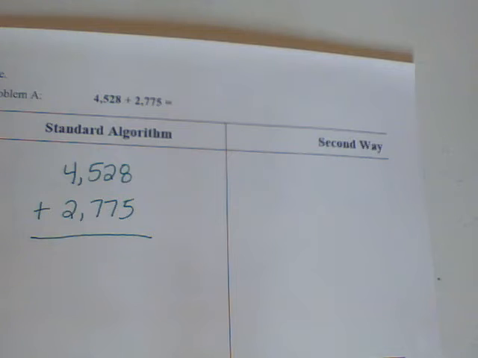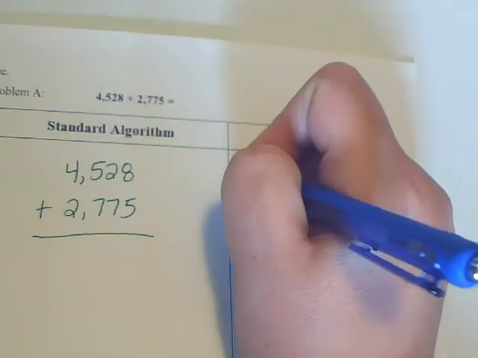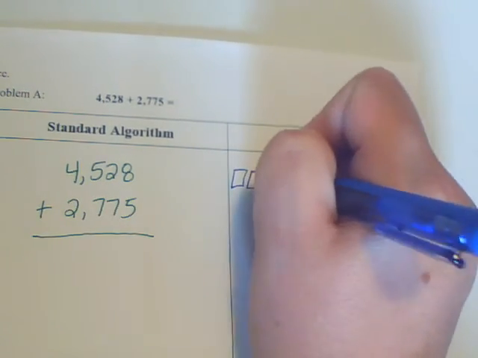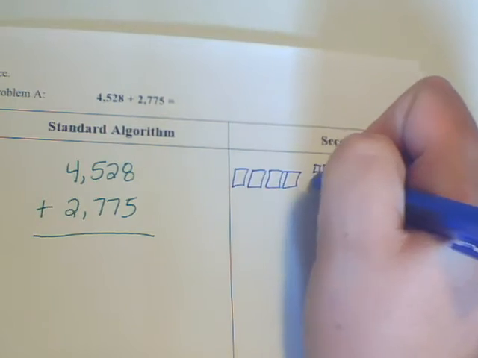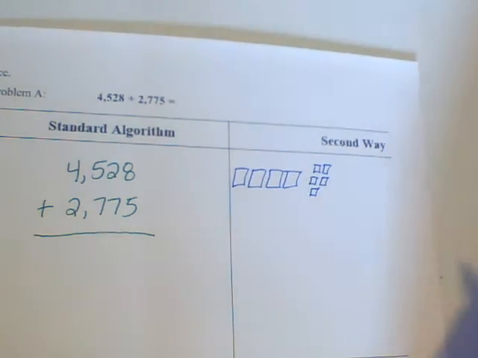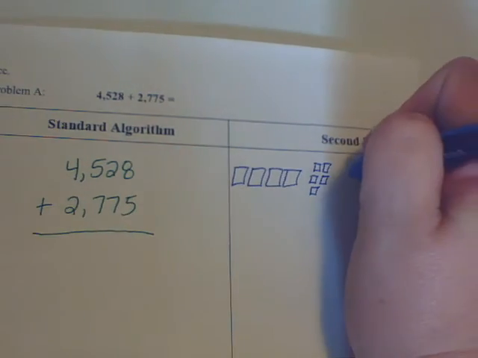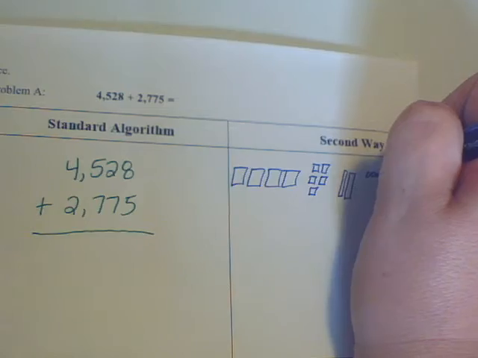Okay, a different way of solving that. So maybe you drew it out with base 10 blocks. Maybe you drew 4,000s. You drew 500s. You drew 2 10s. And you drew 8 1s.